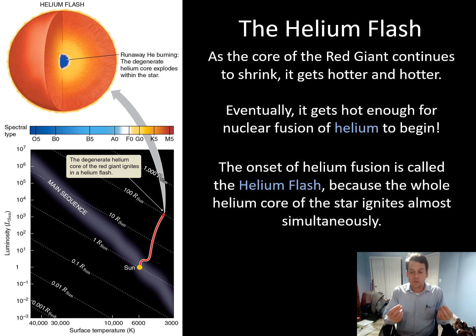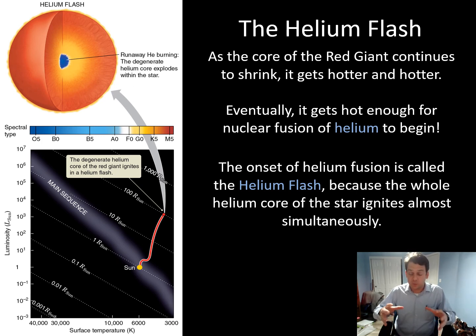And so it turns out that the repulsive force between helium nuclei is 4 times as large as the repulsive force between hydrogen nuclei. And so it has to be much hotter for helium to fuse than it does for hydrogen. So if you thought it had to be hot in a main sequence stellar core, it's got to be much hotter yet for helium to fuse.